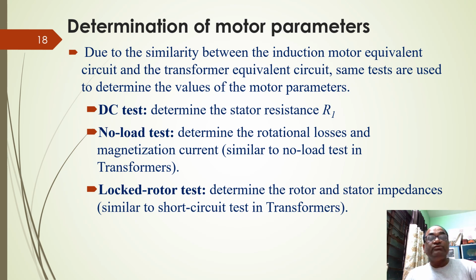No load test is also carried out on the induction motor to determine rotational losses and magnetization current, similar to the no load test in the transformer. Now we also like to conduct the test called locked rotor test to determine the rotor and the stator impedances, similar to the short circuit test we conduct in the case of transformers.